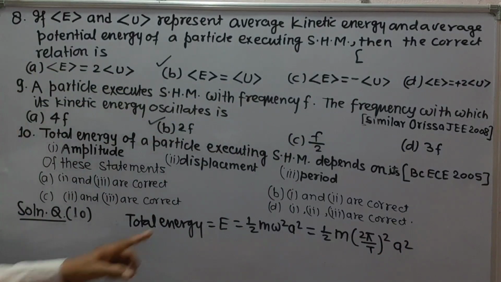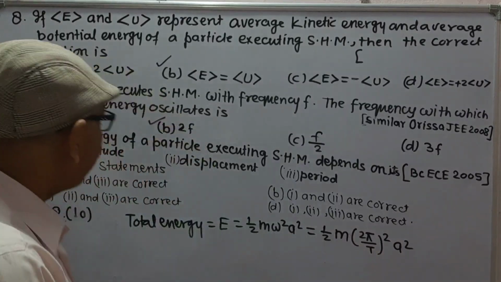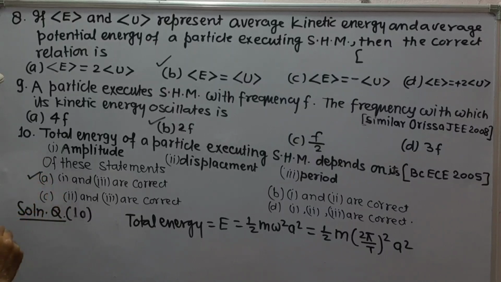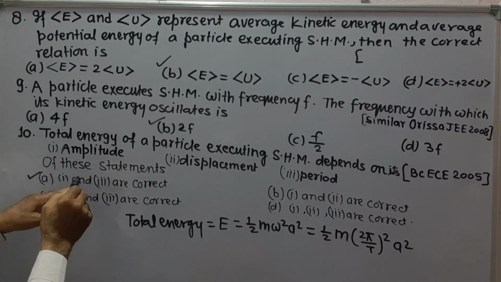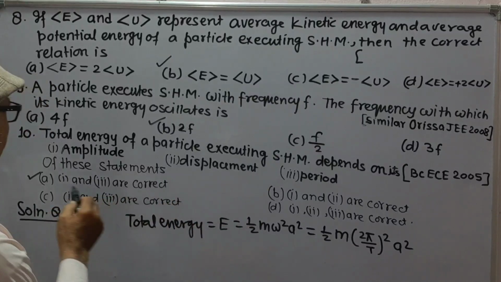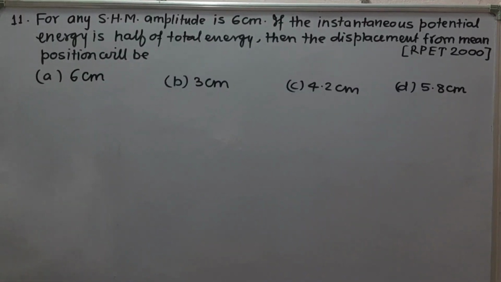So total energy depends on the amplitude and time period, hence the option A is correct. 1 means amplitude and 3 means time period. Option A is correct.